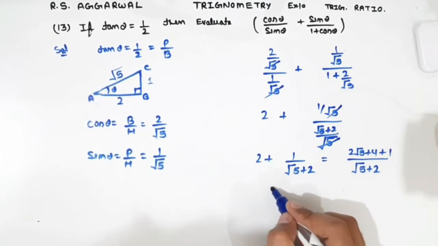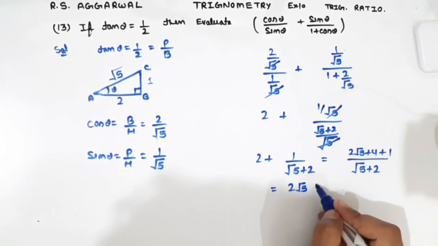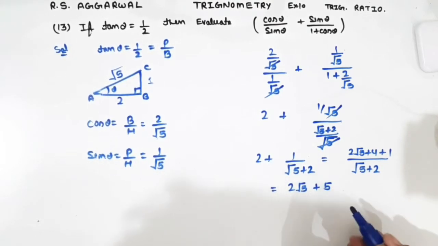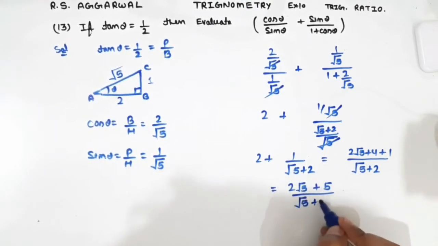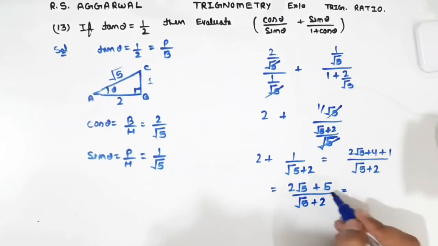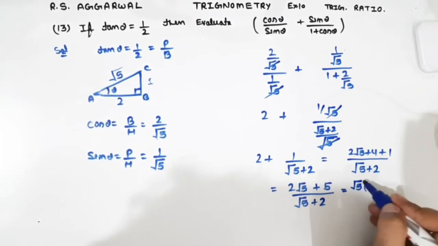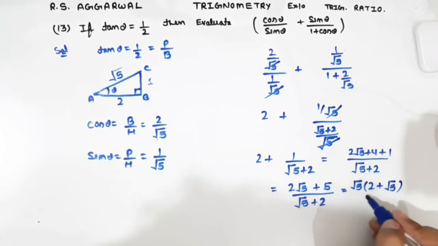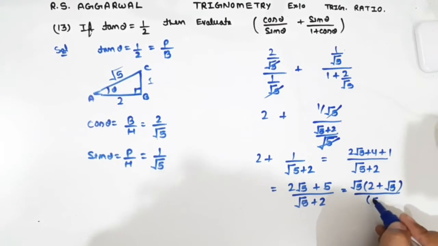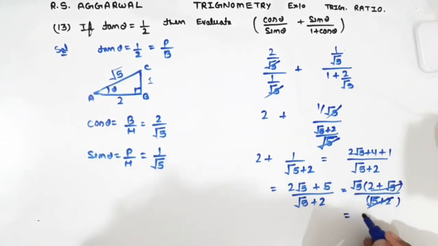So this will be 2 root 5 plus 5 upon root 5 plus 2. From numerator root 5 is common, so that will be equals to 2 plus root 5, and here root 5 plus 2. Root 5 plus 2 will be cancelled out, so answer will be root 5.